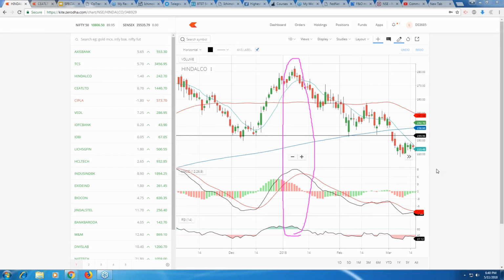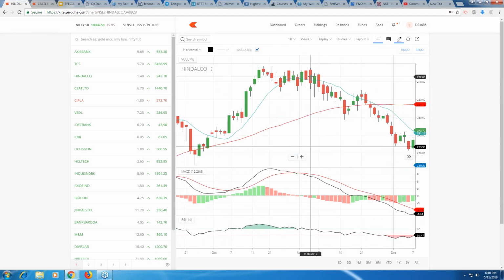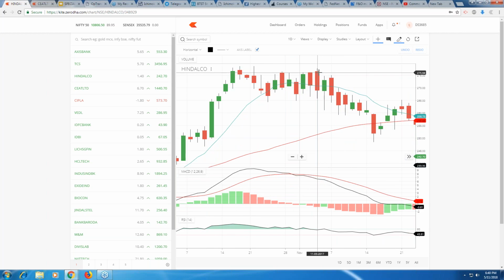Here again, bearish engulfing, MACD crossover, RSI crossover, and you get a beautiful trade. Let's see further back if I could get something here. There is also this particular candle, a bearish engulfing candle, right?